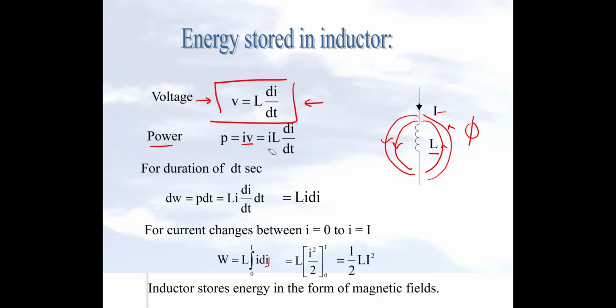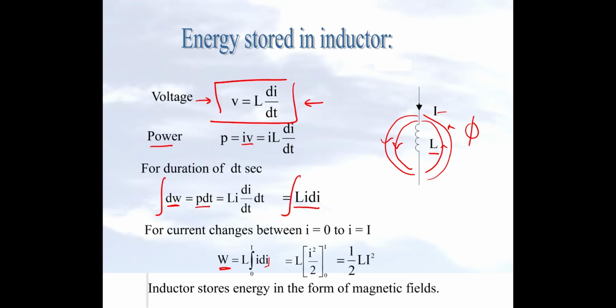Now, if I'd like to consider the energy stored in that inductor, the rate of change of energy is equal to P. So I have dW equal to L di times I. To get the energy, I need to integrate this equation.